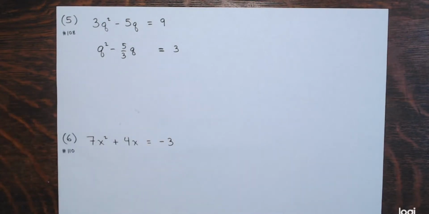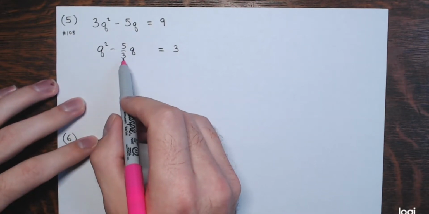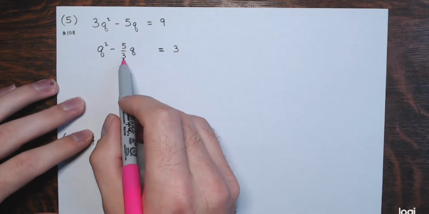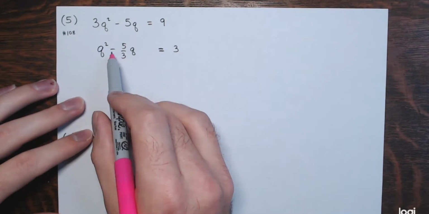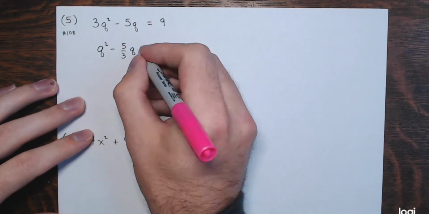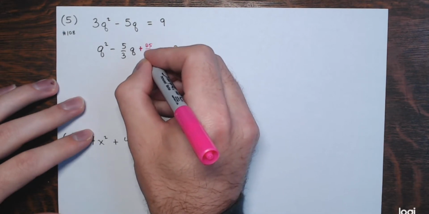All right, now comes the completion of the square. Half of negative 5/3 would be negative 5/6. Right? Remember, when you take half of something, you just multiply the numerator by 1 and the denominator by 2. So it's negative 5/6, but then you square that, which would be 25/36. Right? 25 over 36.